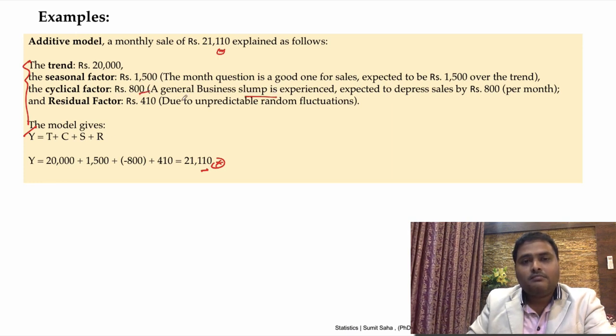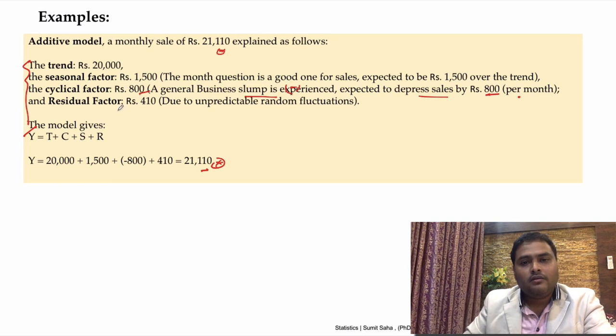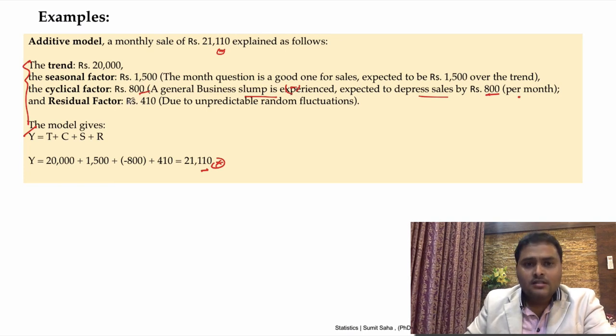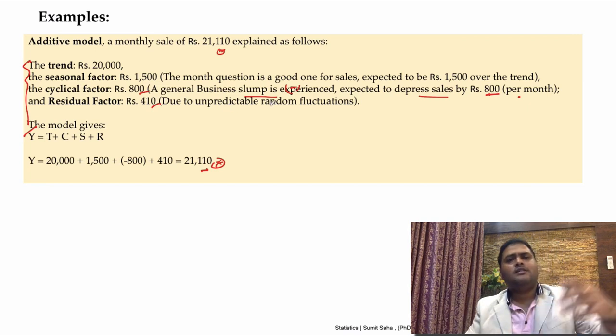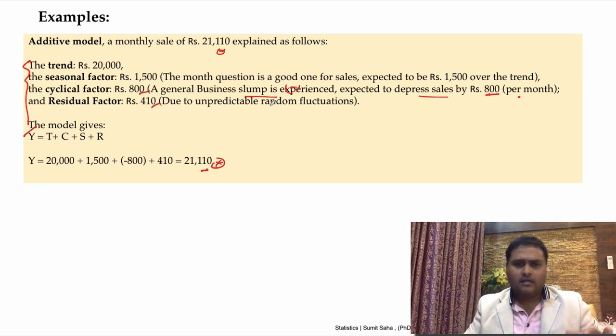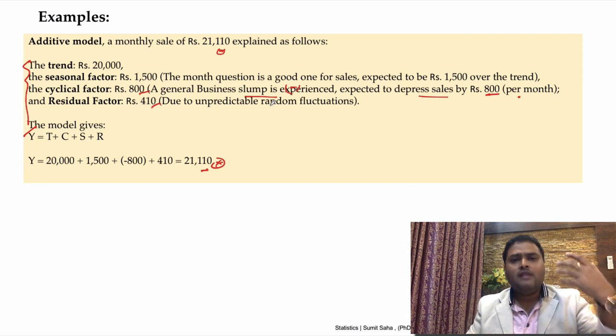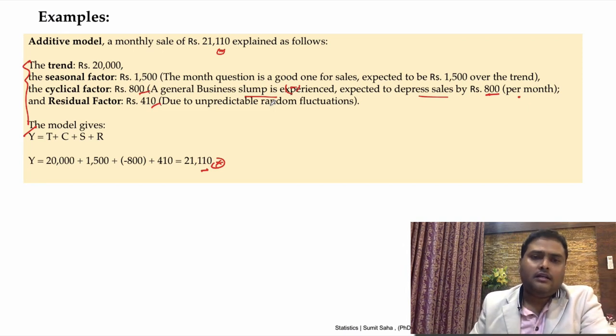A slump of business means it will basically be negative in that case, and is expected to depress sales by 800 rupees per month. That means in a month 800 rupees will be a loss for the company. And the residual factor, or random fluctuations, is 410 rupees due to some unpredictable random fluctuations. Let's say that there was a strike or an earthquake. Because of that you lost 410 rupees in a month.